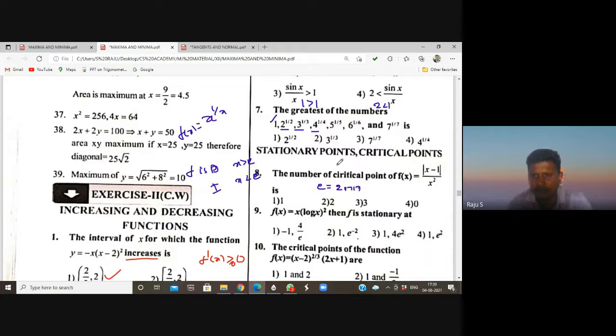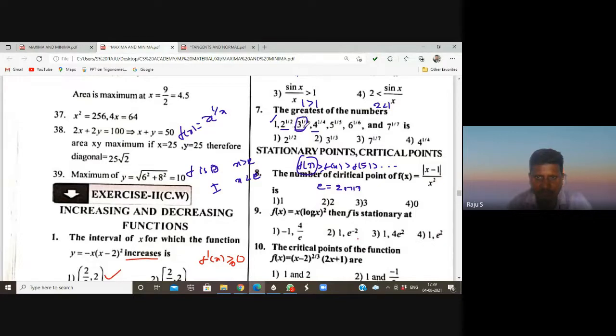So from 3 onwards, f of 3, which is 3 power 1 by 3, is greater than f of 4, which is greater than f of 5, like that we'll get. So this is the highest value, 3 power 1 by 3.